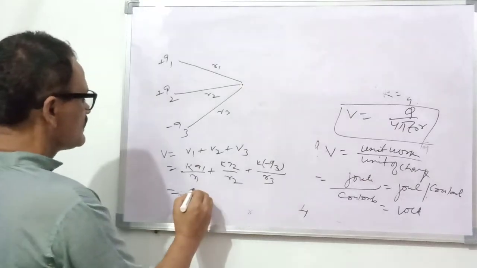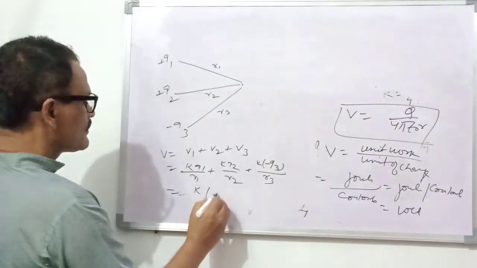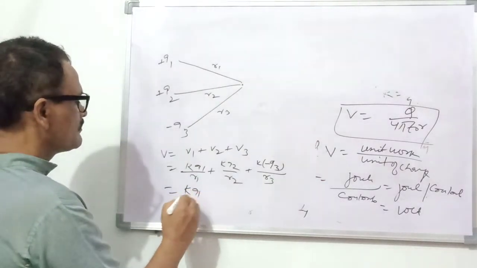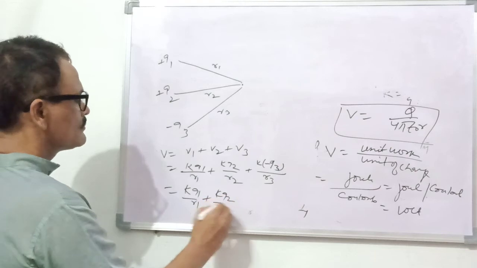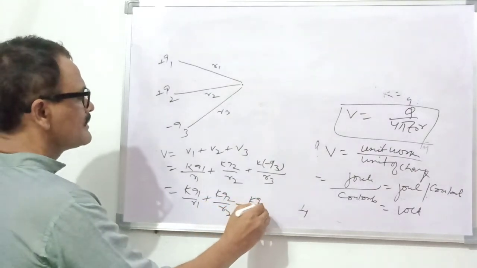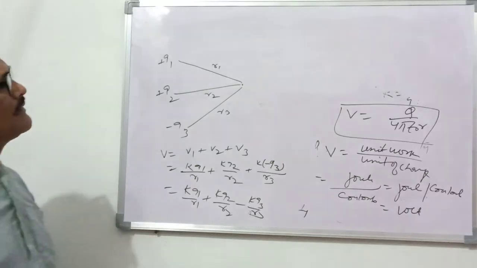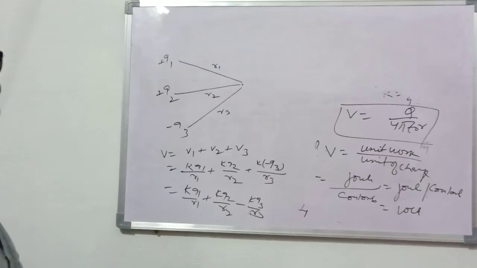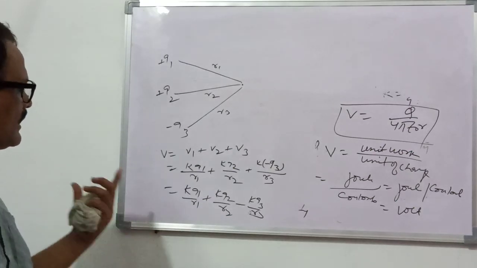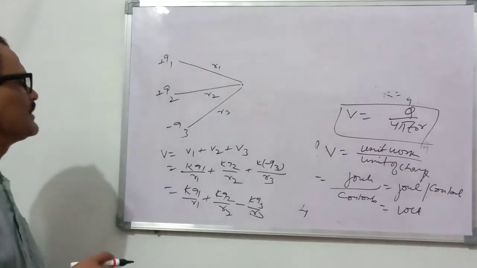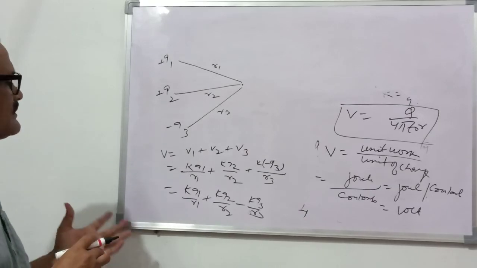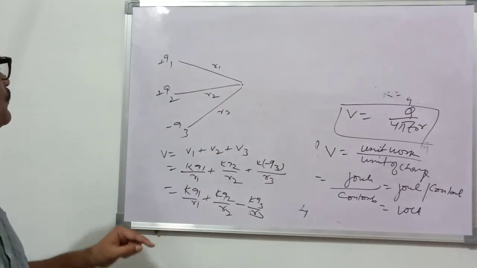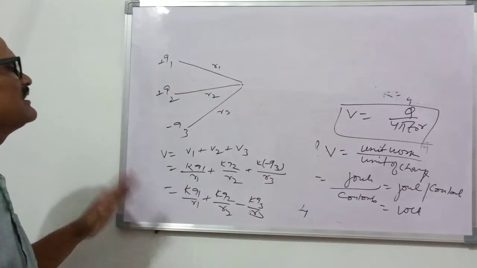So it is very easy to get the electric potential due to point charges, because it is simply adding all the potentials by the arithmetic rule, and then you can get the electric potential at a particular point with so many given point charges.